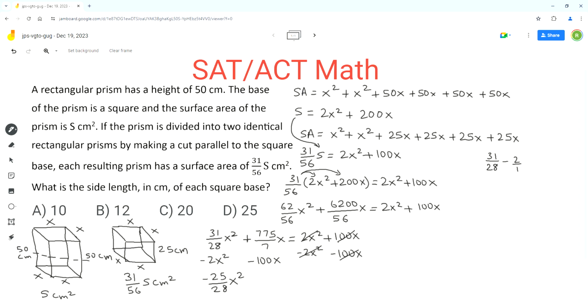So we can multiply the numerator and the denominator of 2 over 1 by 28. So we get 31 minus 56 over 28, and that is equal to negative 25 over 28. We can do the same for the x terms. 775 over 7 minus 100 is equal to 75 over 7.